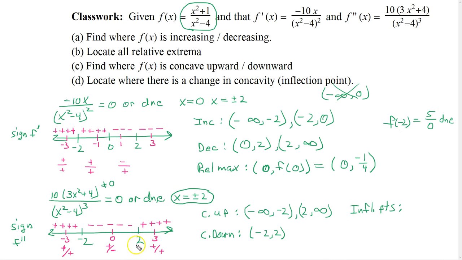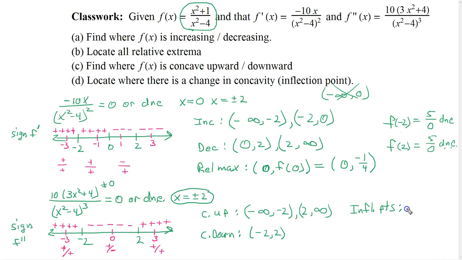Similarly, we see that we have a change in concavity at +2. We go from concave down to concave up. However, if we try to evaluate f of 2, we have the same problem. f of 2 is also 5 divided by 0, which does not exist. Therefore, we do not have an inflection point at 2 either.